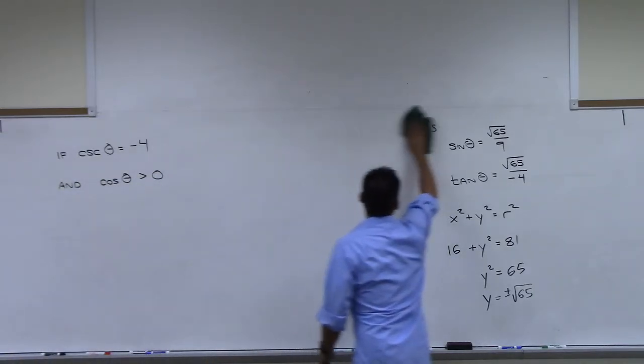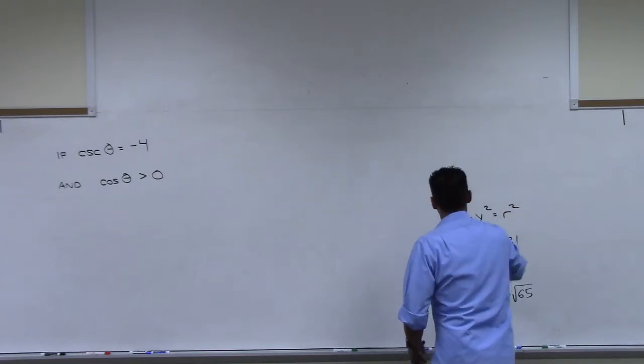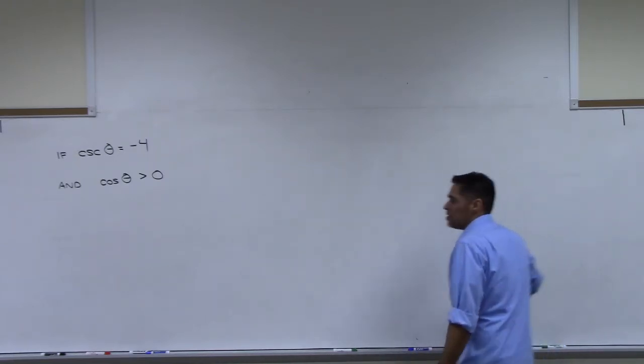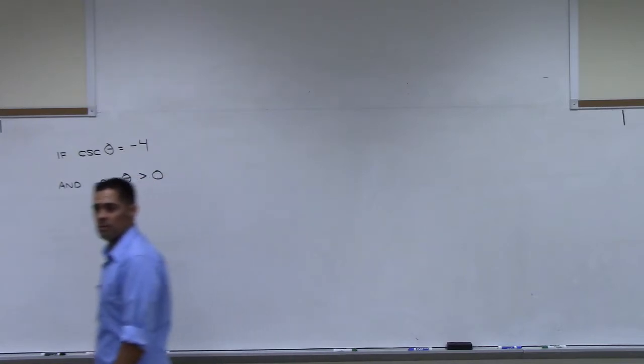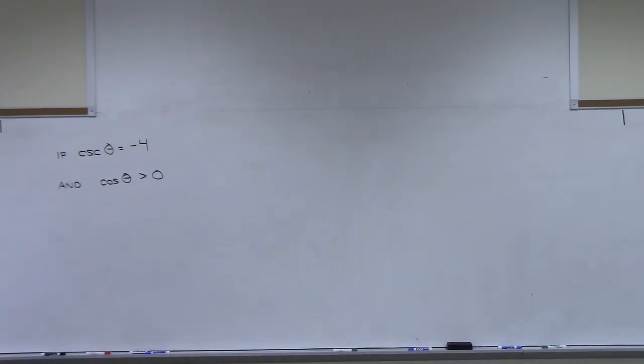Here's what I'd like for us to do to start. I'd like for us to nail down the quadrant first. Let's try and nail down what quadrant we have to be in.